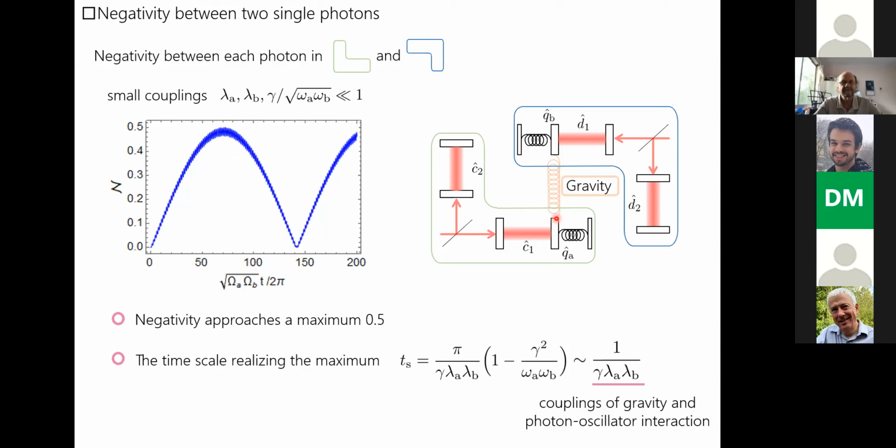Sorry, I don't understand well, but maybe somebody else does. If there are any other interactions, we need to distinguish the source of the entanglement, right?